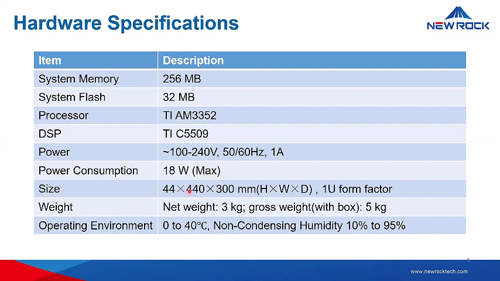This is the size dimension, and the net weight is 3 kilograms. The operating conditions should meet these standards: 0 to 40 degrees Celsius, and condensing humidity from 10 to 95%.